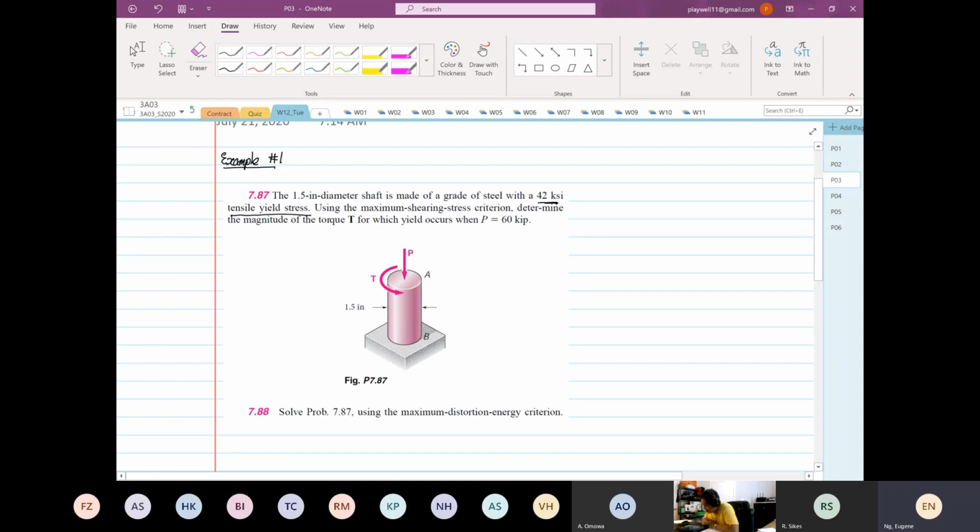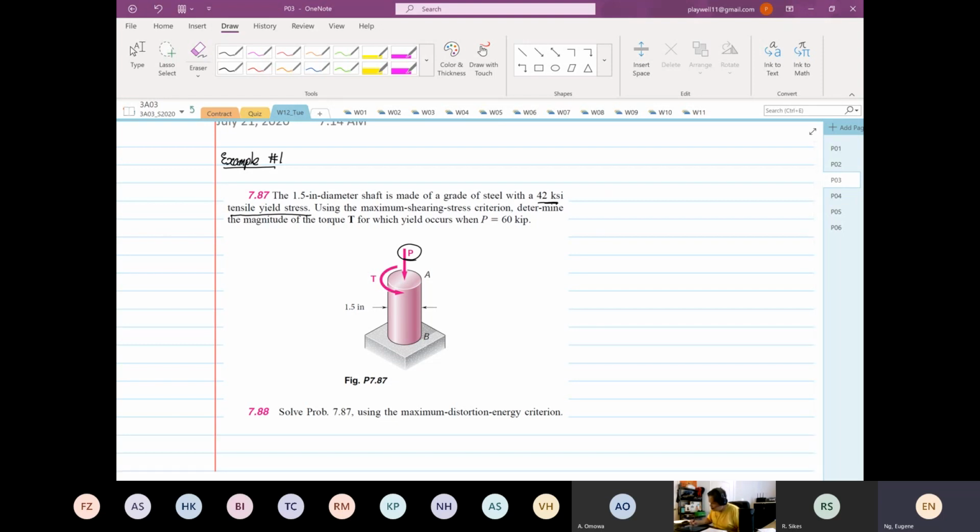So we are only given tensile yield strength. Using the maximum shearing stress criteria, determine the magnitude of the torque for which P is equal to 60 kilo pound inch.